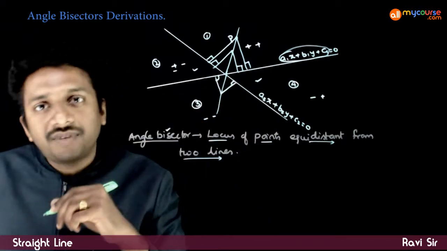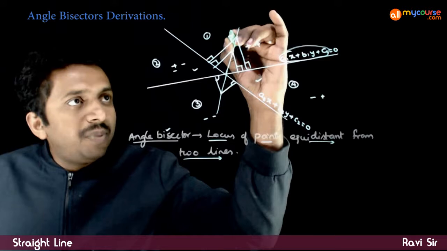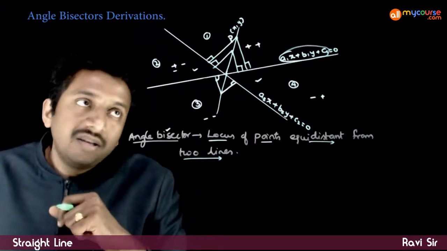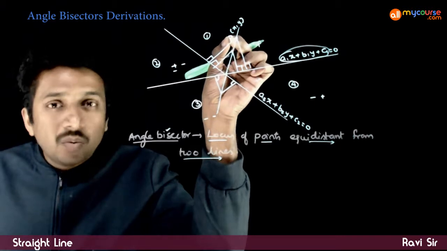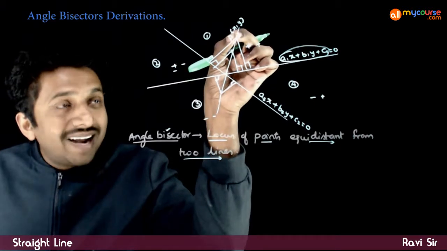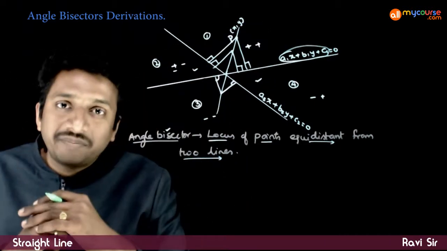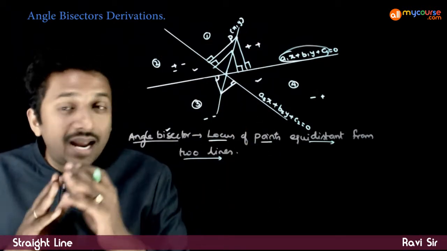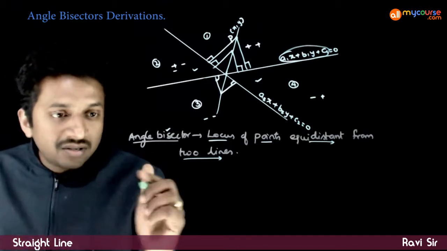So how do we find the locus? Let P(x, y) be a point on the angle bisector. Now what should be the condition that this (x, y) has to satisfy? This perpendicular distance has to be equal to the other perpendicular distance. And what is the formula for perpendicular distance?